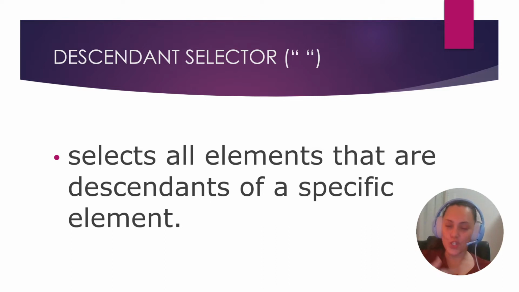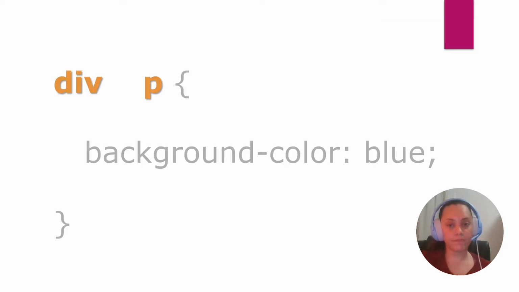My sister is a descendant of my grandmother. So if I use the simple space selector, I would select me, my cousins, my mother, my aunts, my uncles, and probably my children when I have children, right? We are all my grandmother's descendants, okay?